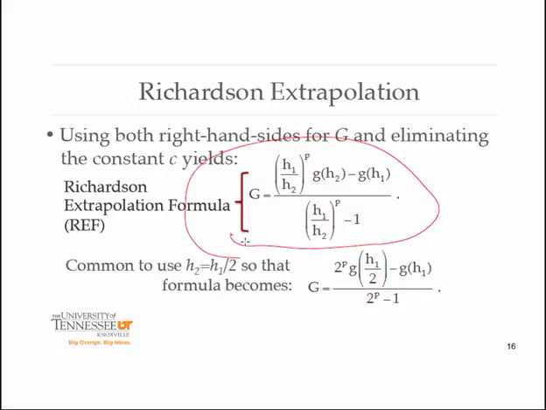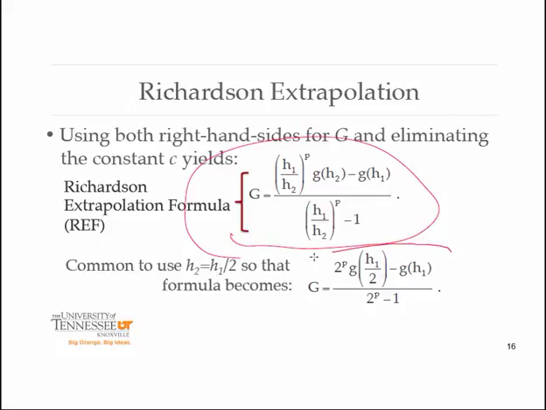A better approximation to g would take on a form like this: the ratio of your two different h's that you chose to the p power would show up in the denominator term, minus 1. And this factor would be multiplied by whatever you got from the second step size minus what you got on the first step size. It is very common to just halve the step size, so that whatever h you started with, the second one would be just half of that.